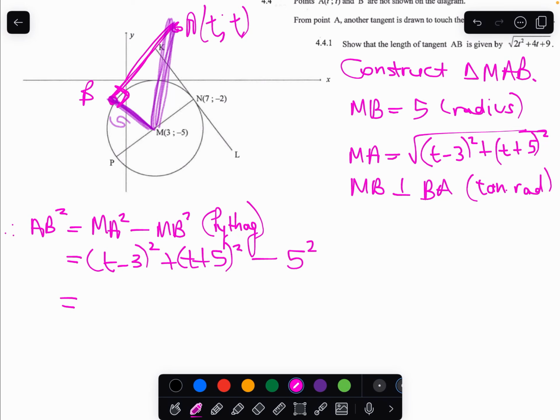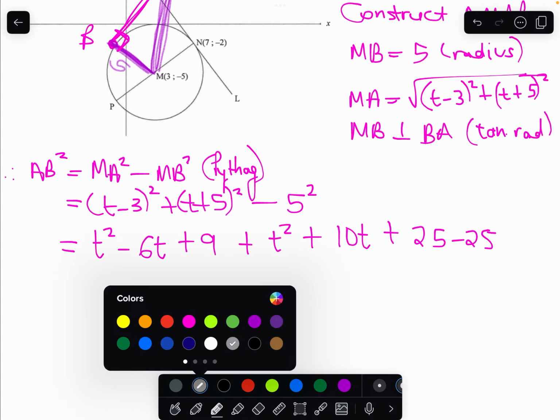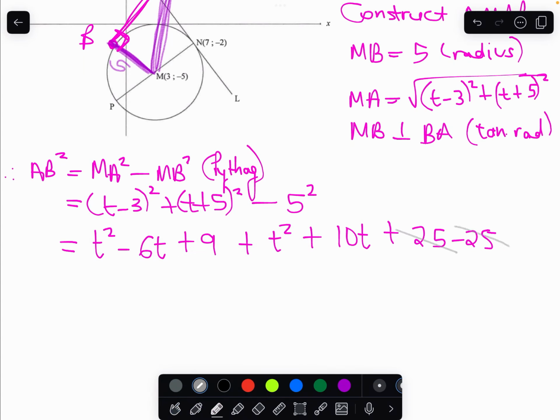Okay, so now I'm just going to simplify so that we can hopefully get to something that looks nice. That is t squared minus 3t minus 3t plus 9 plus t squared plus 5t plus 5t, so plus 10t plus 25 minus 25. I like it. So those two will cancel out. Like terms: t squared and t squared, minus 6t plus 10t, and then the constant by itself.